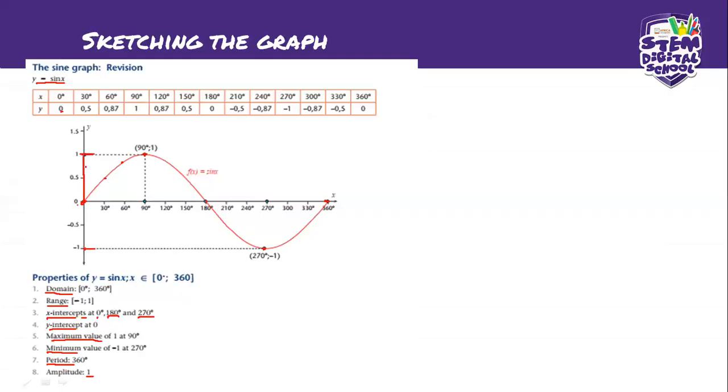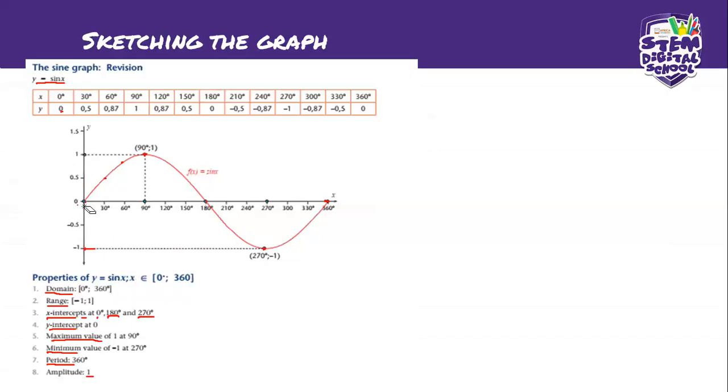Meaning from the center to this maximum, it will give us the amplitude. In this case, we can see that from here up to there, our amplitude is equal to 1. All right, that is our amplitude.